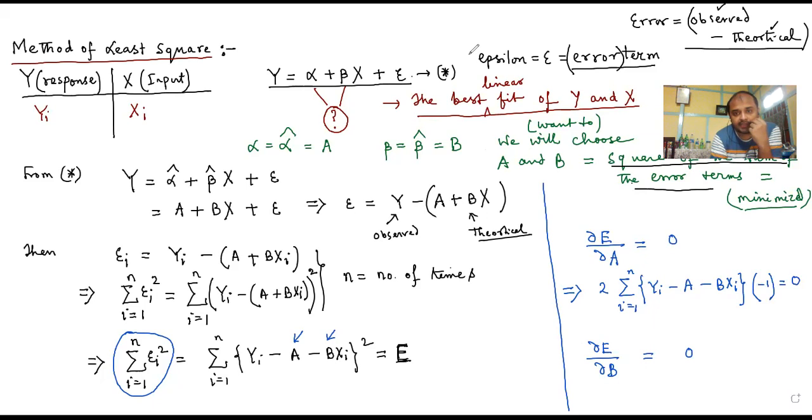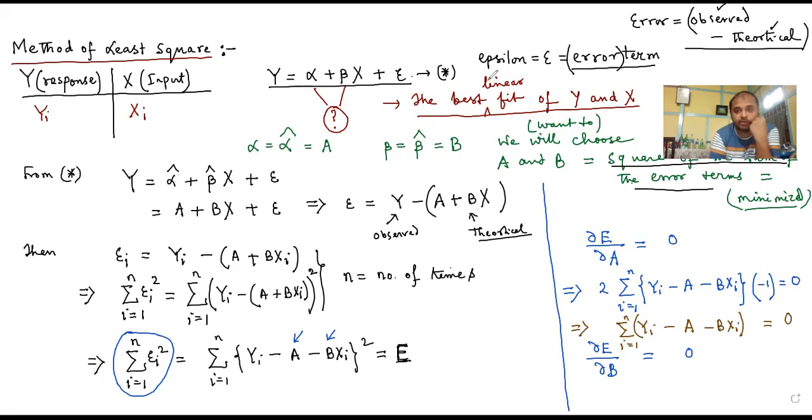And we can write it as summation i goes from 1 to n of yi minus a minus bxi equal to 0.